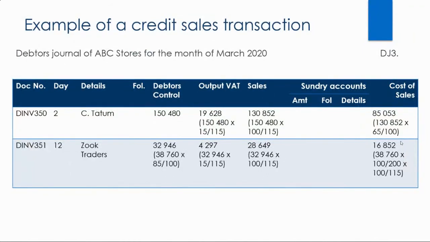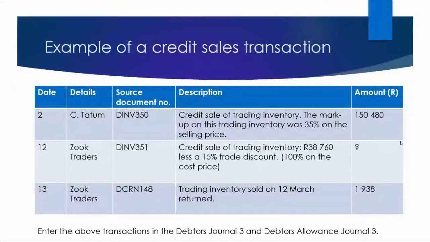We said the markup is based on the cost before we even considered a trade discount. Now that means I take the 38,760 based on this information here. So that is the amount our debtor would have owed if we gave him no trade discount. Then we work out the cost based on 100% on the cost price, which is our markup.